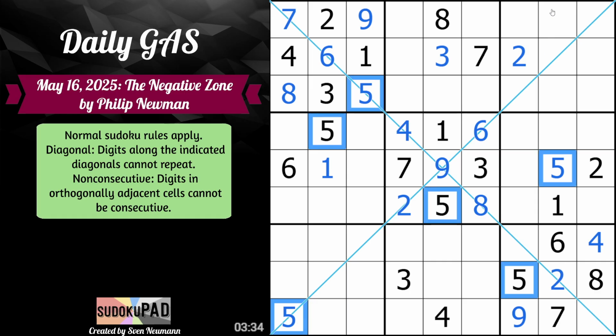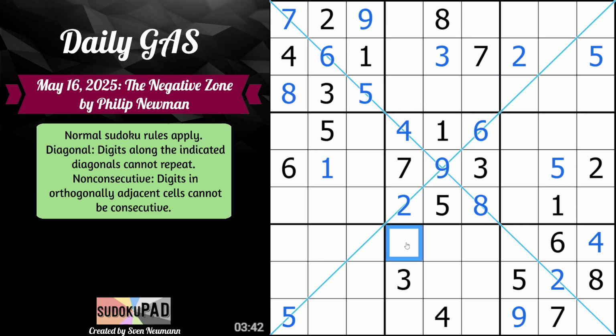That restricts our 5 to here, but it leaves us with an X-wing, and neither of these cells are currently restricted by non-consecutive rules. Alas. Hmm. 6, 7s.